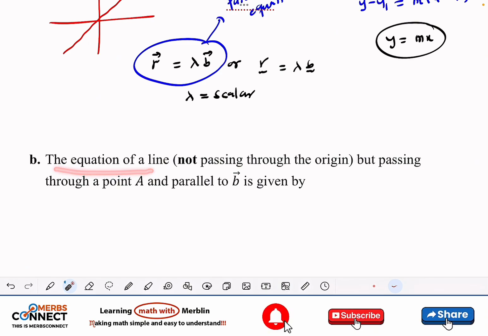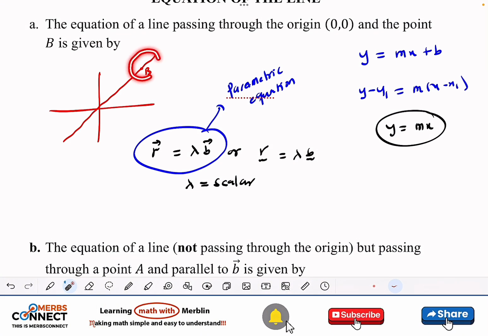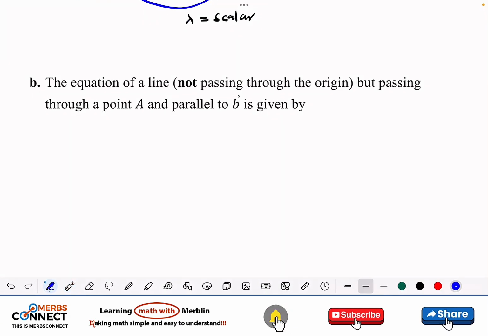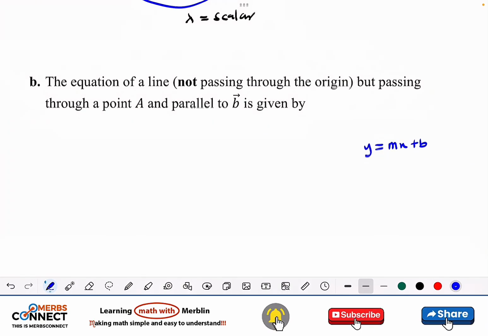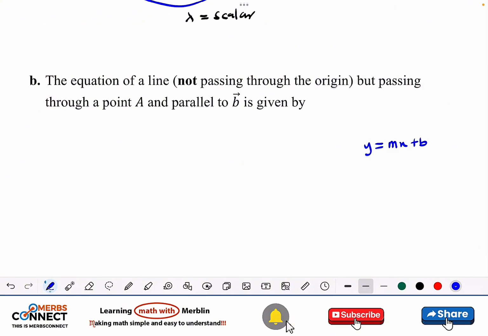The equation of the line not passing through the origin, but passing through a point A and parallel to B. So basically, that's what we are talking about. It's parallel to B. So it means that here we are going to have an equation like this, in this form, because it is not passing through the zero. So our equation of the line is something like this because it does not pass through the origin, right?